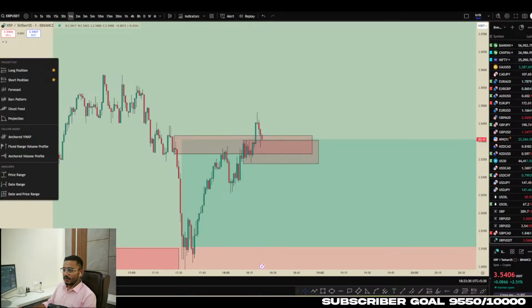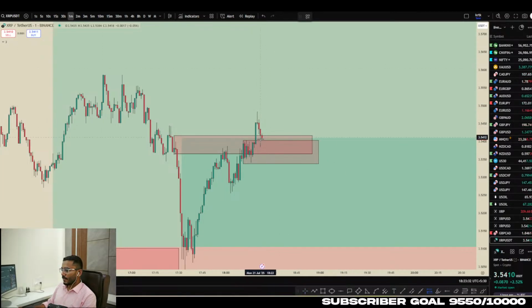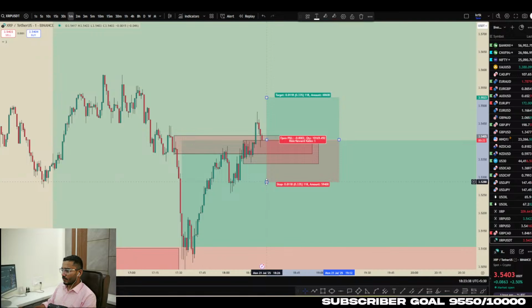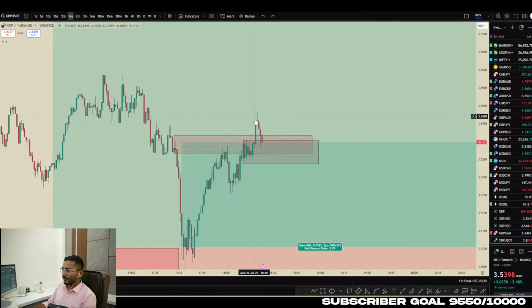We can also look for continuation trades to the upside. But here, price has not created liquidity at this order block. We need to see a new leg start from here, or at least a liquidity sweep. At least it should sweep some kind of candle.